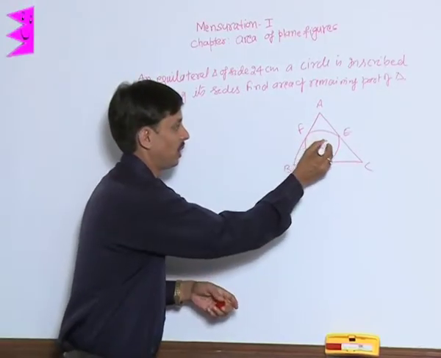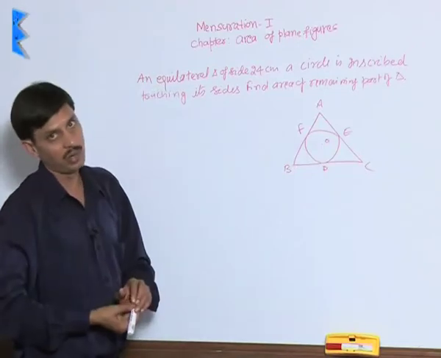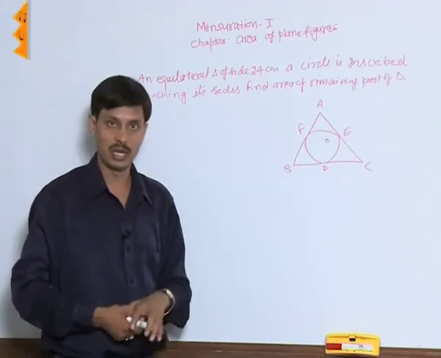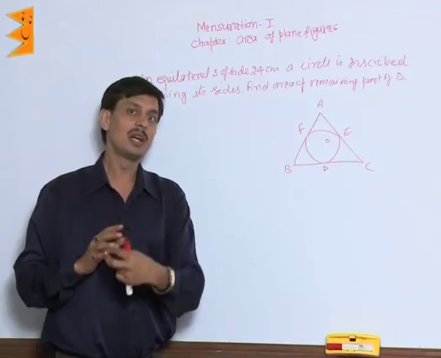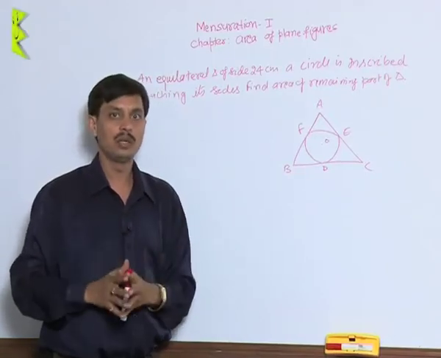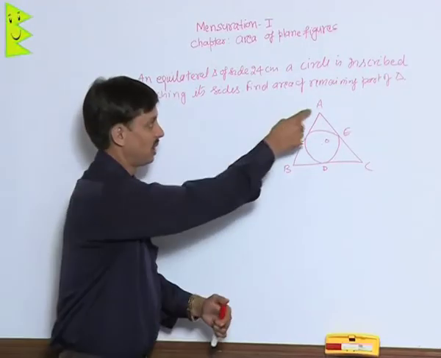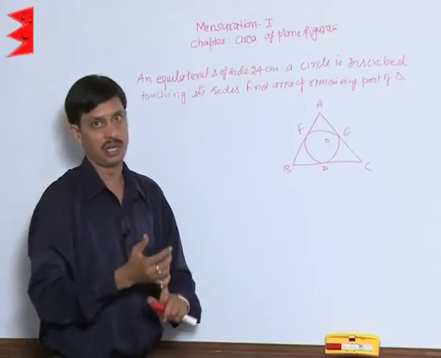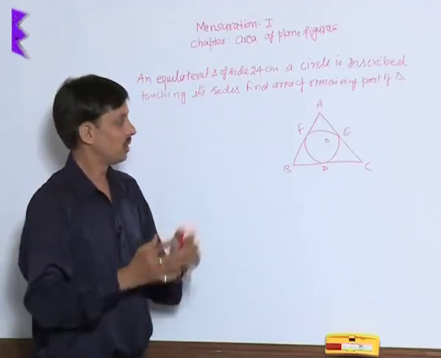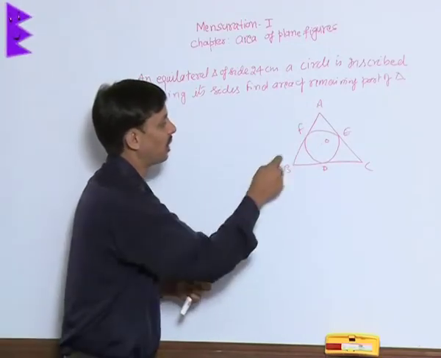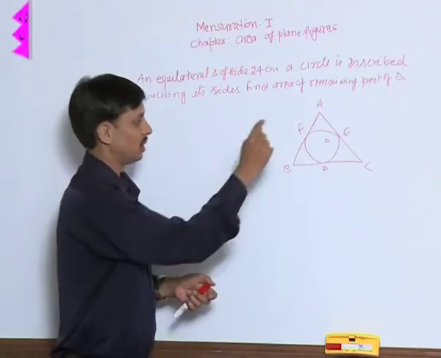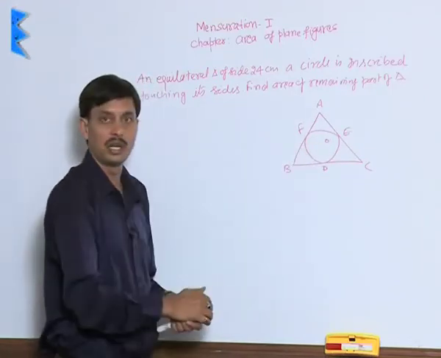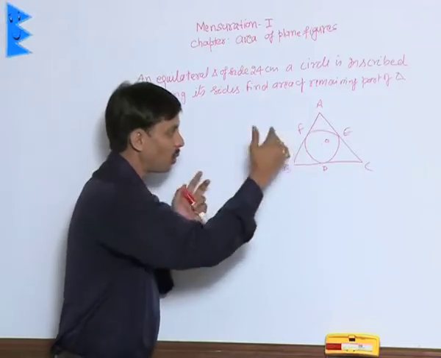If I take the center point as O, then I would like to tell you a geometrical fact of the equilateral triangle. In an equilateral triangle, all sides are equal, and all vertices are equidistant from the incenter and circumcenter. One more important thing is that in an equilateral triangle, the incenter, the circumcenter and the orthocenter all coincide.